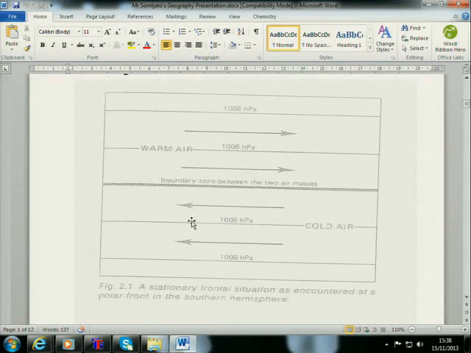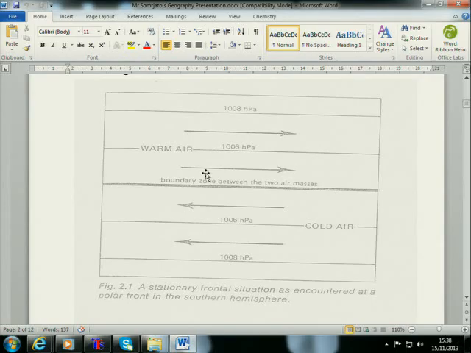And we are also having cold air from the poles to the subpolar low pressure belt. And now in this case, we see the two air masses moving parallel to one another in opposite directions.